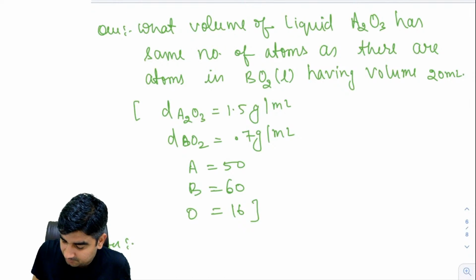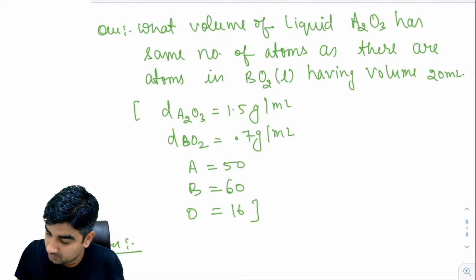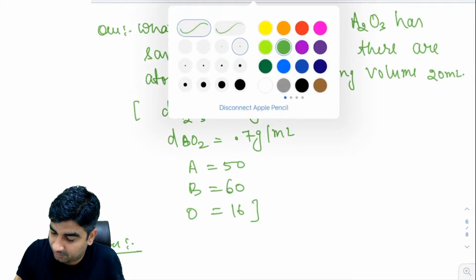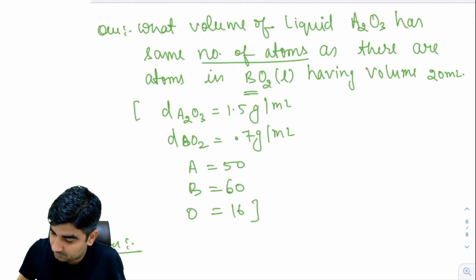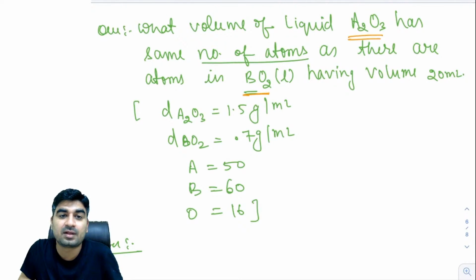Just see, same number of atoms as there are atoms in BO2. So here we have BO2 and A2O3. Number of atoms are same.